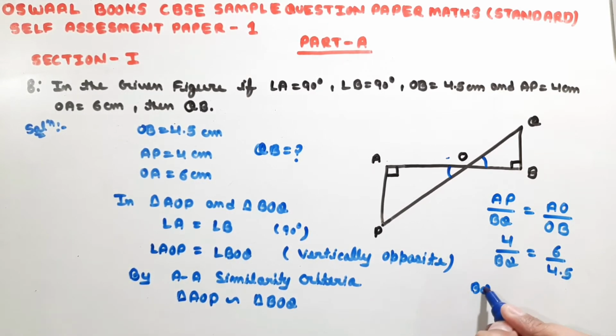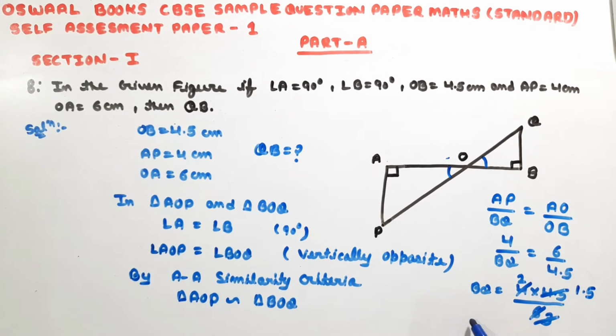On cross multiplying, we get BQ equals 4 into 4.5 upon 6. This cancels out 2 times, and 3 cancels out 1.5 times. So BQ will be 2 into 1.5, that is equal to 3 centimeter. This is our answer.